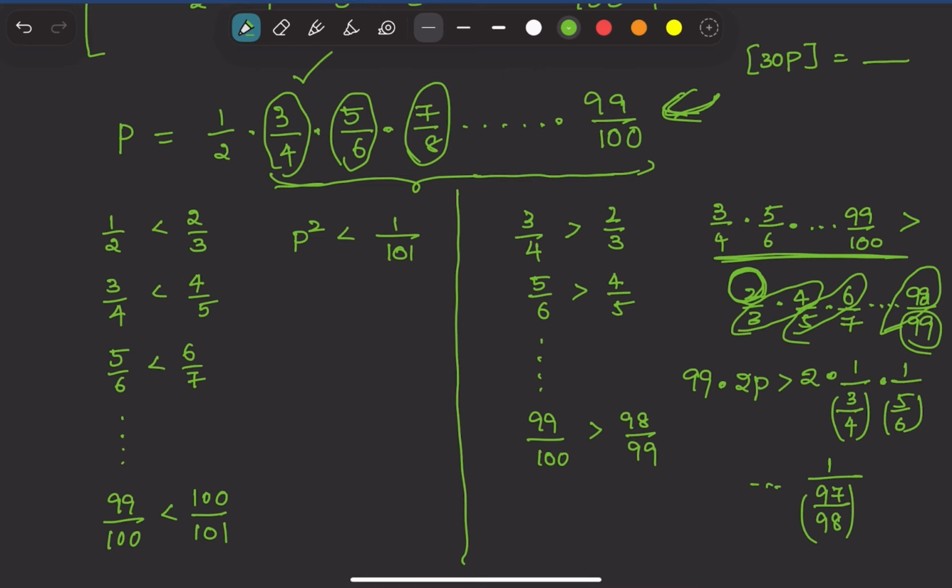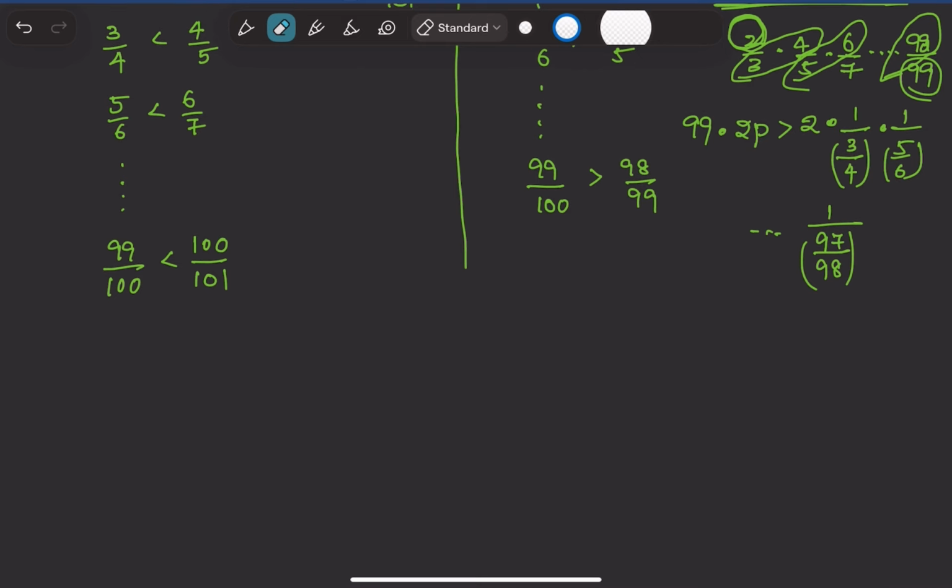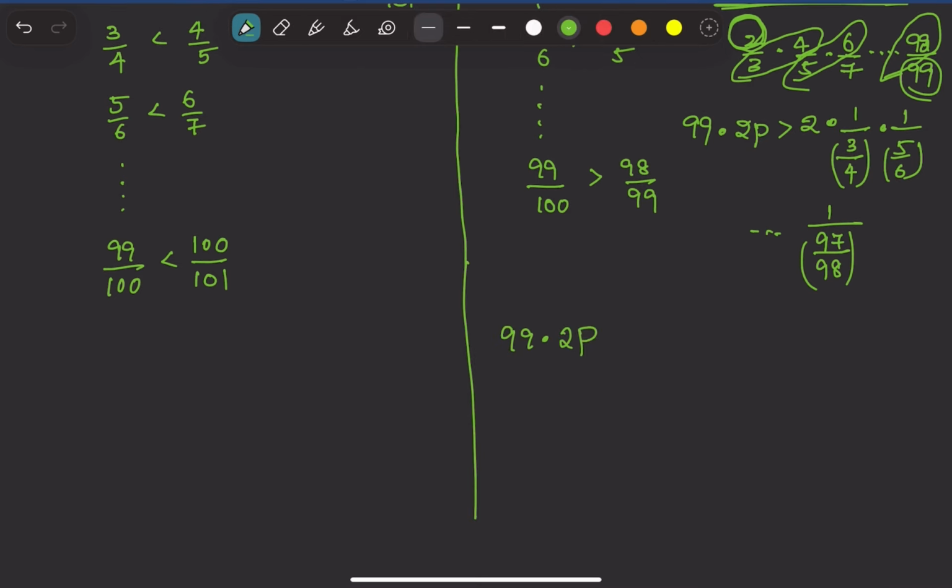Now, if you see, this is 99 into 2p. So here 2 is there, so this 2 and this 2 will get cancelled. So this is simply 99p greater than 1 upon 3 by 4, 5 by 6 and so on, 97 by 98.